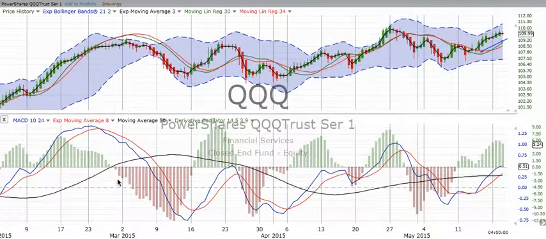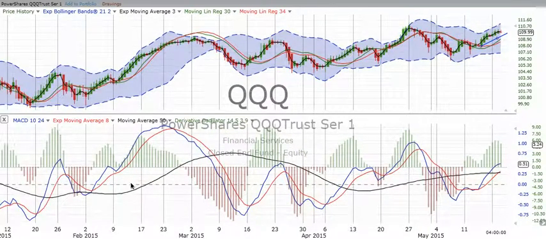Now, one thing that we talk about when it starts getting choppy this time of year, once we get into May and the summer months when it gets hotter and people go on vacation, the movements get choppier. But when we go back and look at the fat time of year, we can see in February a nice clean crossover going up in early February, all the way until a nice clean crossover going down in late February, and then clean down movements until mid-March, and then a clean crossing over and clean up movements until about the end of March, coming into April, and then more down movements.